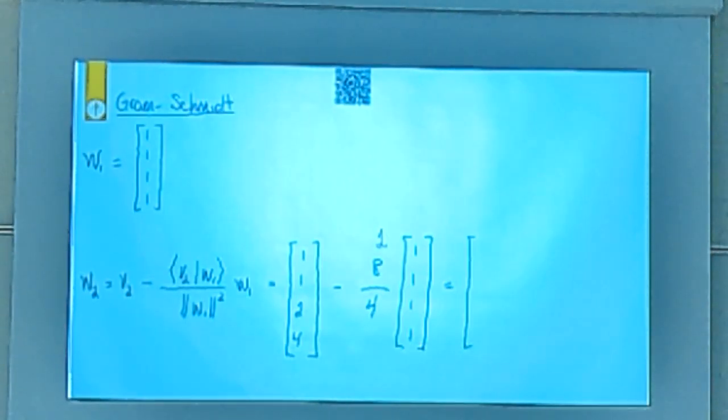Now it's just the standard subtraction. 1 minus 2. 1 minus 2. 2 minus 2. 4 minus 2. There's your W2.